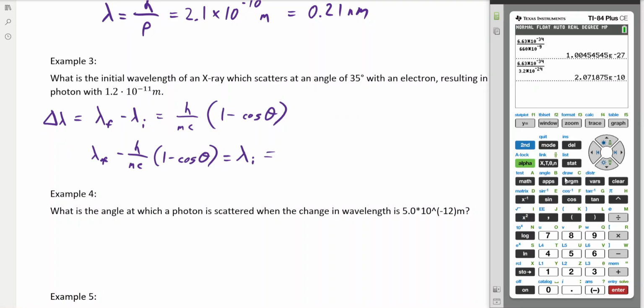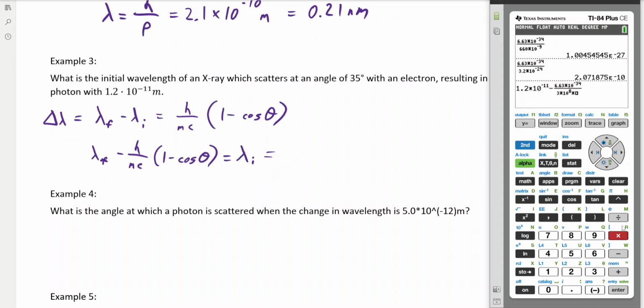Okay, now we can plug all this into our calculator. So the initial wavelength was 1.2 times 10 to the negative 11 minus h, which is 6.63 times 10 to the exponent negative 34, over mc. Okay, m is the mass of an electron. c is 3 times 10 to the 8.